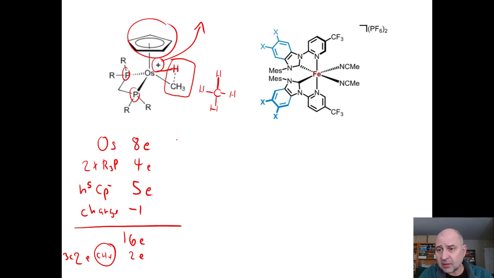This one here is not as tough as it looks. The only thing that you need to figure out is what the charge of this complex is, and so the PF6 ion would have a negative charge. So each of these has a negative charge, which means there's a 2+ charge here, right? If you don't know, you can actually draw that structure.